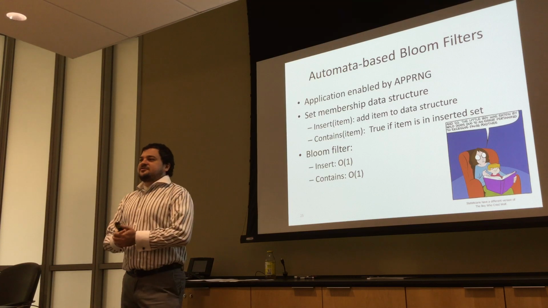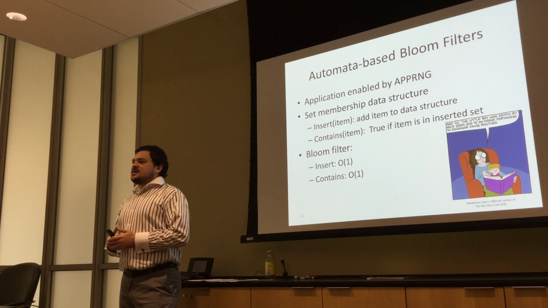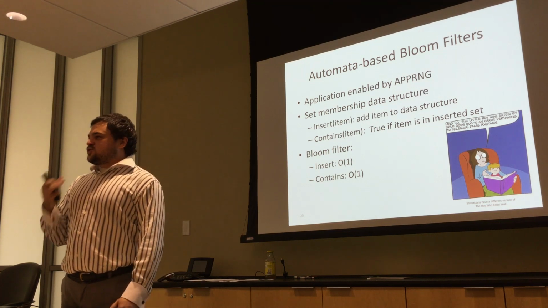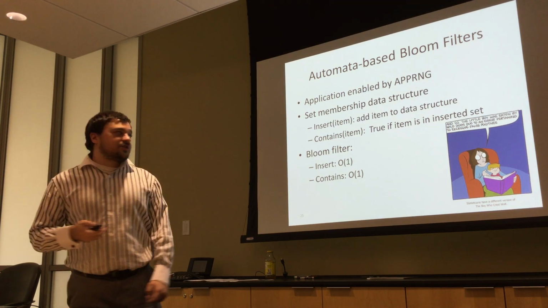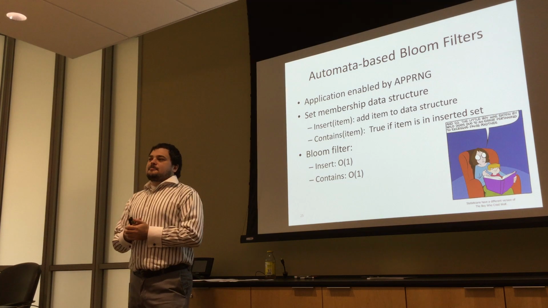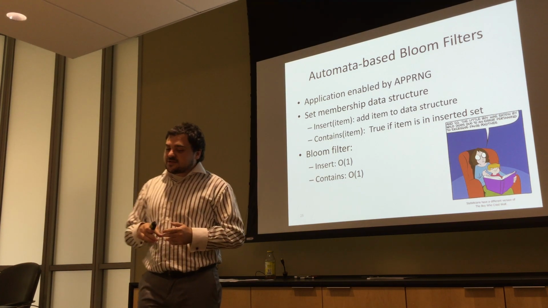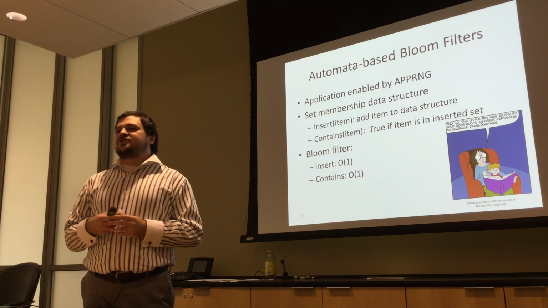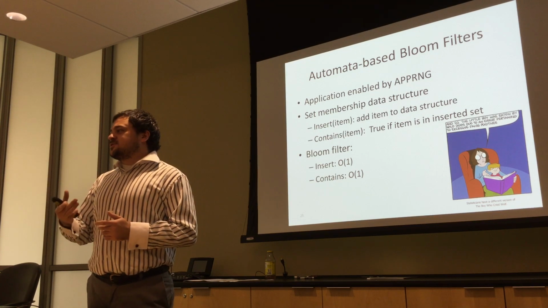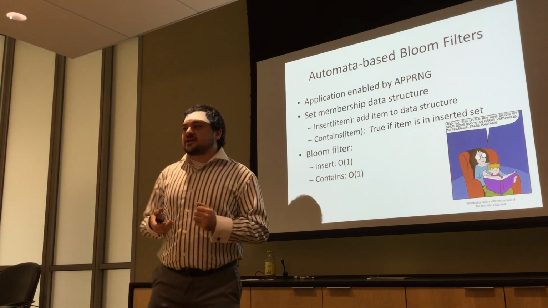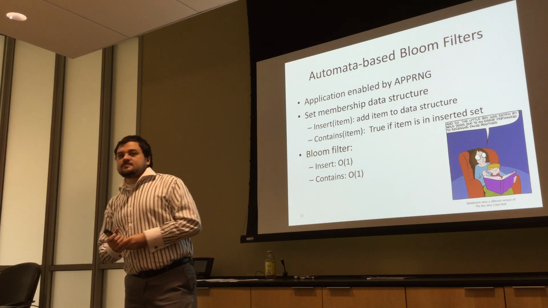So now that we've justified that APPRNG seems to behave as a high throughput, strong quality pseudorandom number generator, I'm also going to show that another contribution of this pseudorandom number generator is that it enables a larger class of problems to be accelerated using automata architectures.